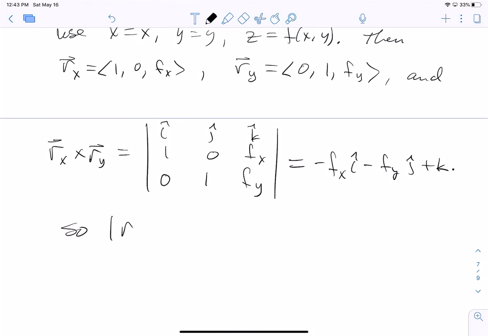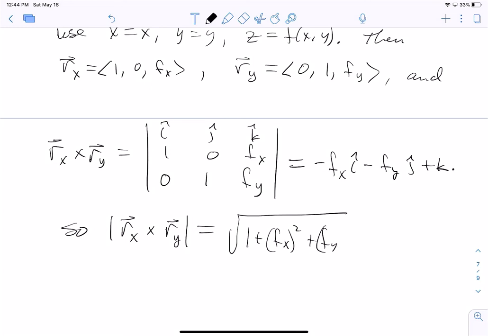So the magnitude of the partial of r with respect to x cross the partial of r with respect to y turns out to be the square root of 1 plus f_x squared plus f_y squared. Notice that this is kind of like a 3D analog to the arc length formula in a previous section.